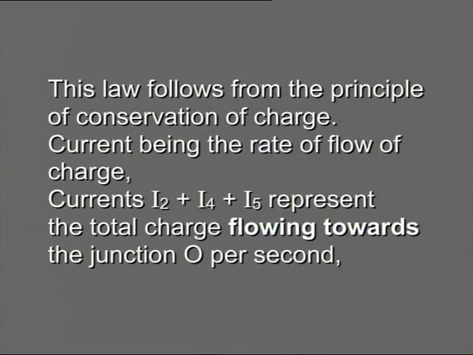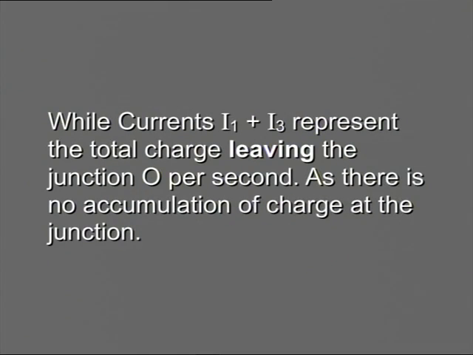This law follows from the principle of conservation of charge. Current being the rate of flow of charge, currents I2 plus I4 plus I5 represent the total charge flowing towards the junction O per second, while currents I1 and I3 represent the total charge leaving the junction O per second.